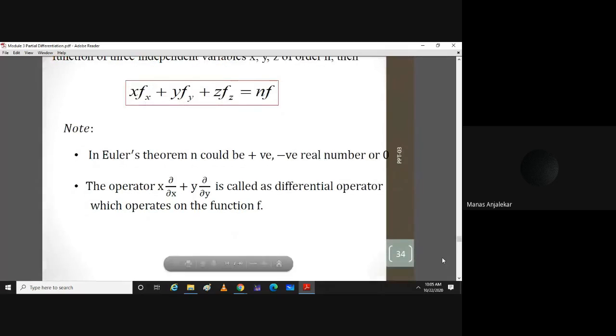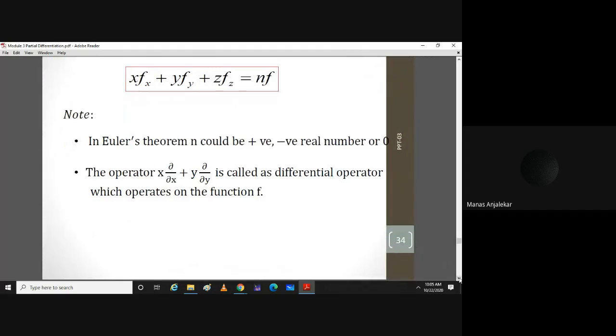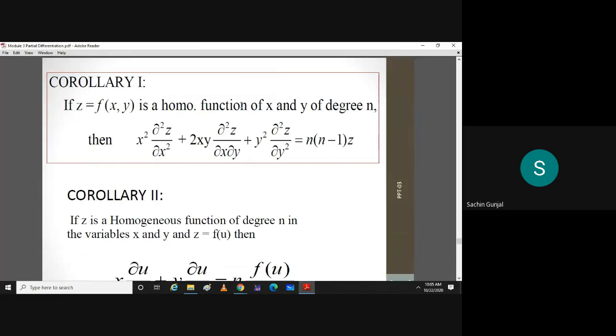So let us go ahead now. The first corollary of Euler's theorem is about second order partial derivatives. The statement is, if f of x, y is a homogeneous function of degree n, then the value of the expression x square ∂²z/∂x² plus 2xy ∂²z/∂x∂y plus y square ∂²z/∂y² is equal to n into (n minus 1) into z.